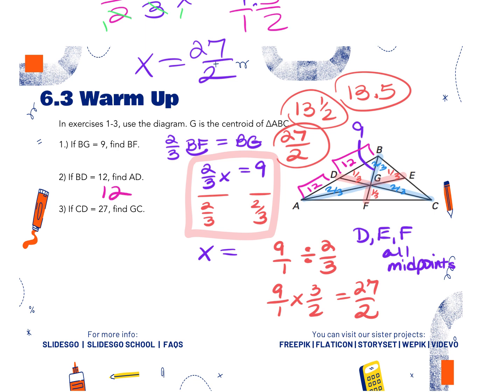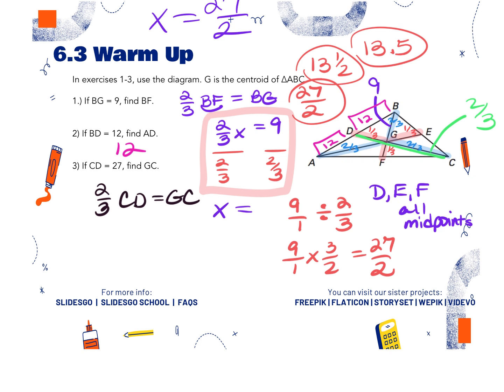And then for CD and finding GC, CD is this whole median here, and it equals 27. GC is the 2/3 part. So what I'm going to do to solve for it is 2/3 of CD is equal to GC.